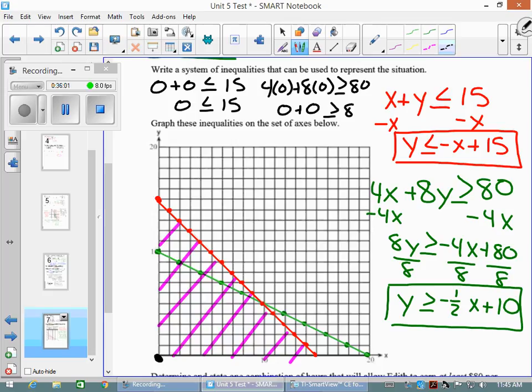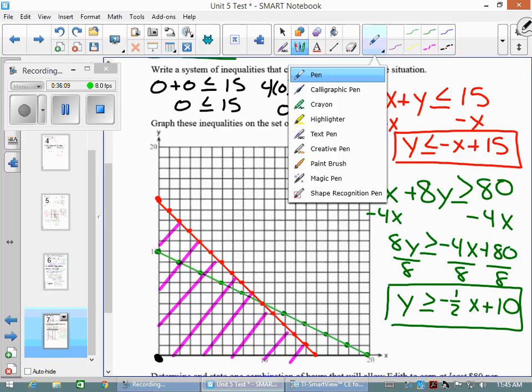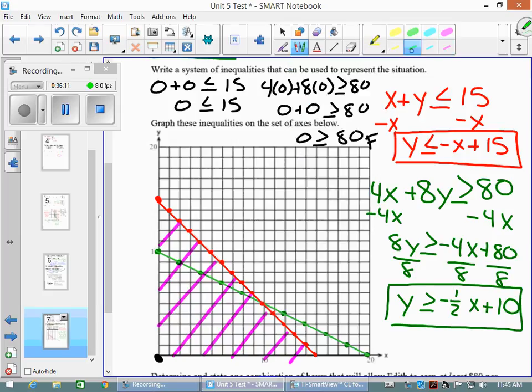So again, on this green line, I'm not including 0, 0, so I'm going to shade up, going this way, away from that point 0, 0. Now, to see where my solution is, it's where our two inequalities overlap. So my solution set is going to be any points represented here.